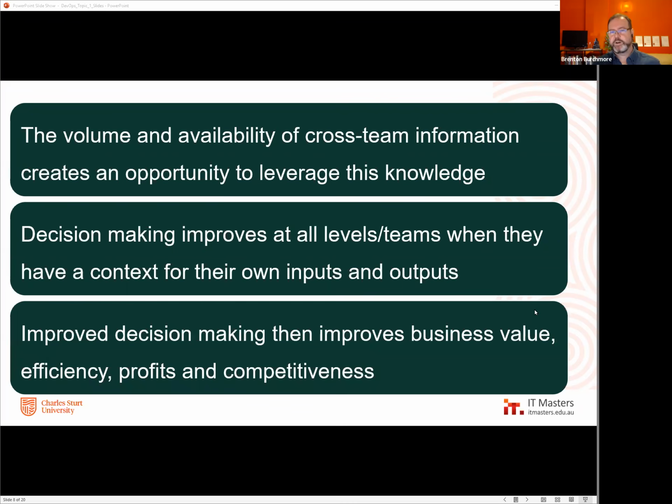So the fundamental push behind why this agility is hounding us every day is because better decision-making makes for better business. It makes better customer value, which delivers better business value, more efficient, more profitable. Everything gets better when more of our people get to make better decisions. And so this has led to a bunch of things like Scrum as a way of making better decisions during empirical project creation and management.